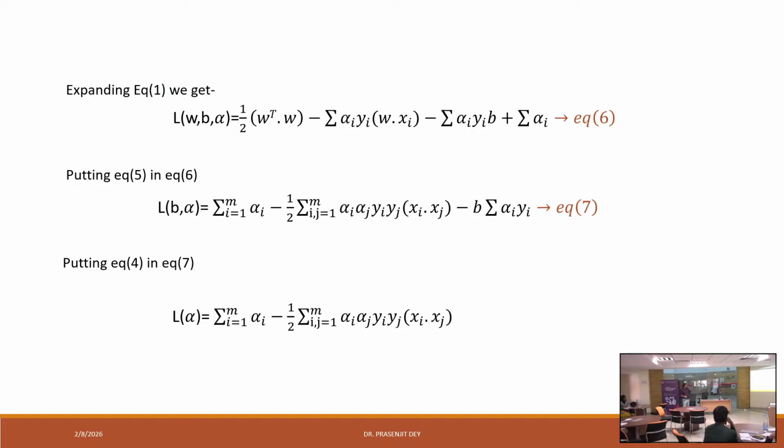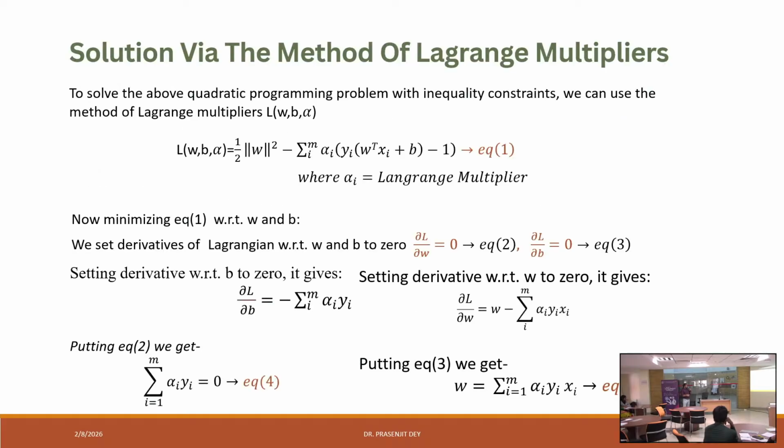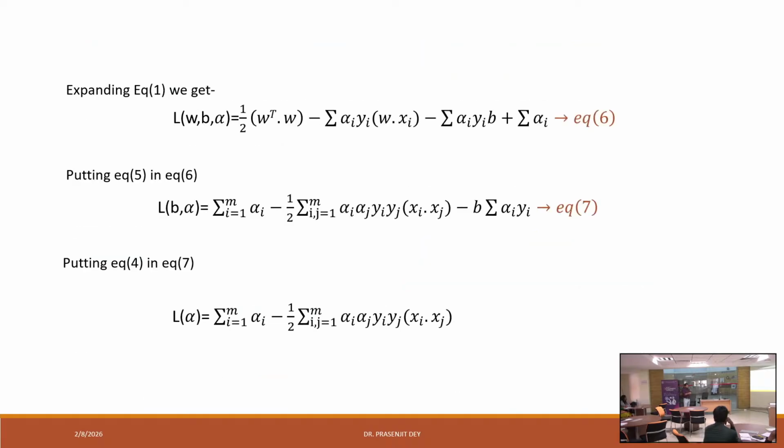Now I am putting 5 and 6. So 5 was the value of w, which is sum over of alpha i, yi, xi. If you put that value in this equation, it will look like alpha i, and here, just to change it because I cannot use i both the times as both are representing different indices, I have written alpha i, alpha j, yi, yj, xi, xj minus this b sum over of alpha i, yi.